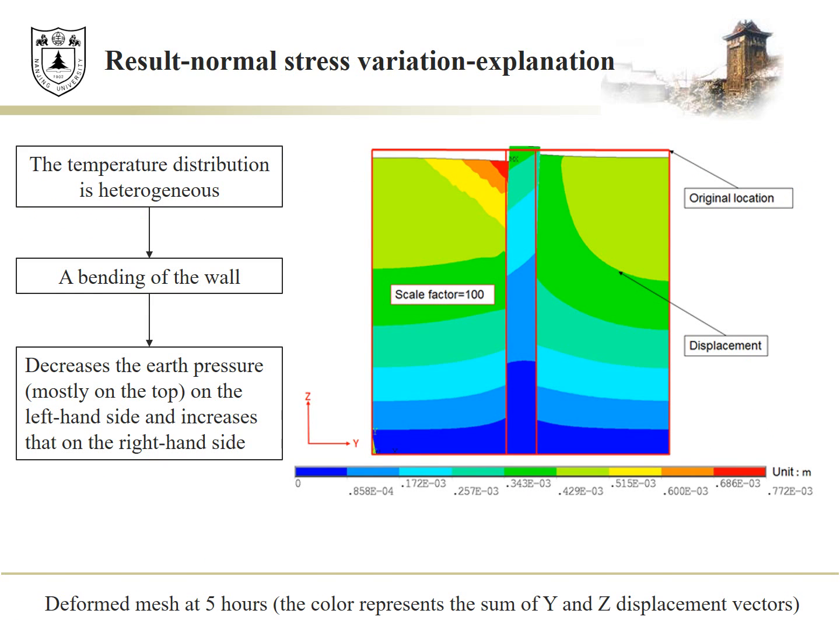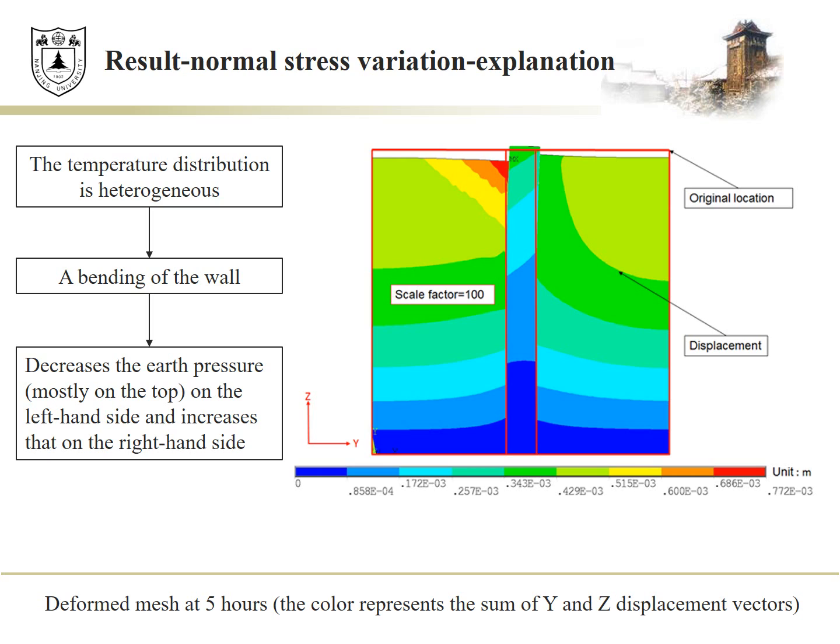In order to better understand the results on the change of earth pressure, the deformed mesh of the experiment is shown in this figure. Heating induces first small dilation of the wall that tends to increase the earth pressure at the soil-wall interface.